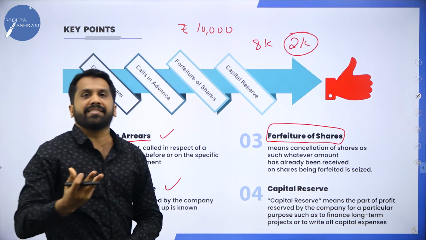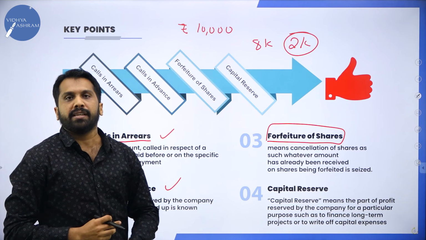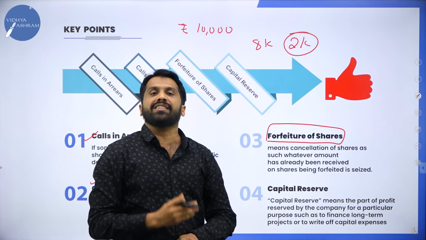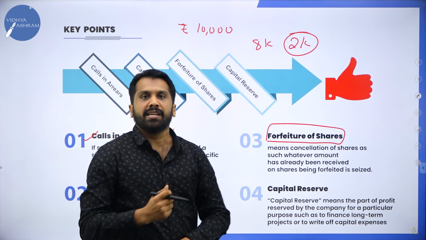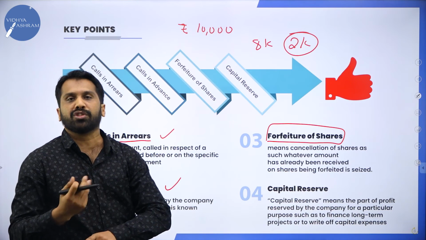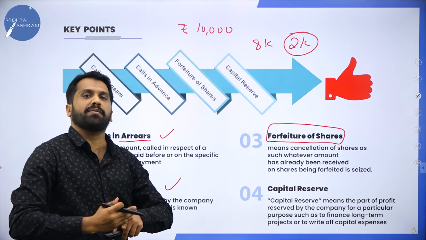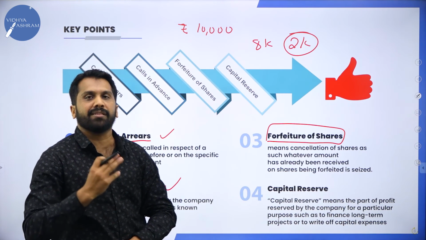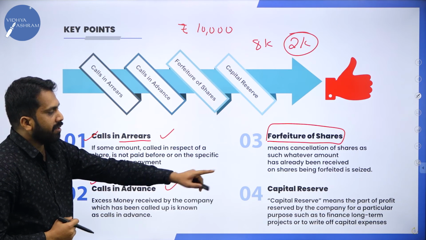Keep it as reserve for emergency. If you want to purchase some assets, if you want to invest in some capital things, if you want to purchase some shares or some emergency purpose, you will keep 2,000 as emergency reserve. That is called as capital reserve.